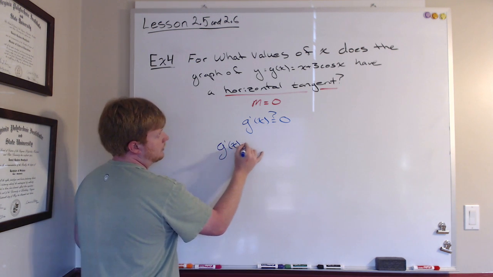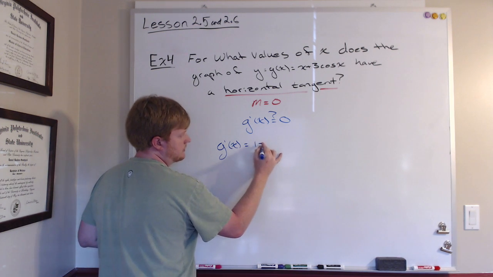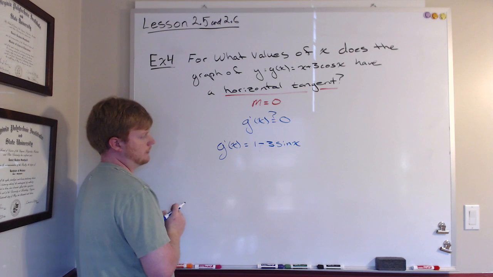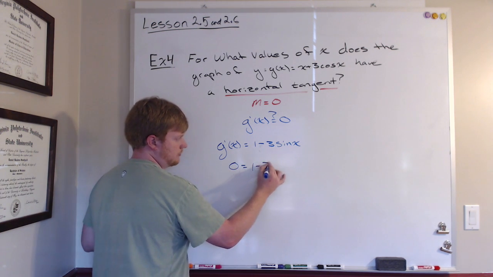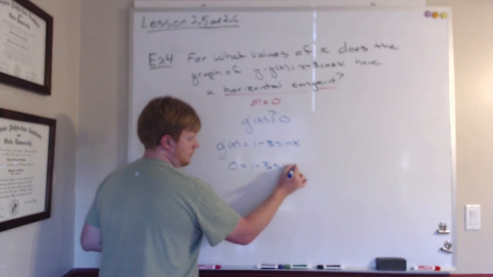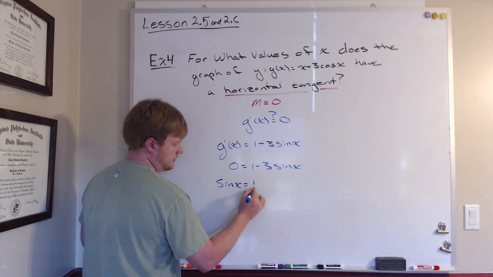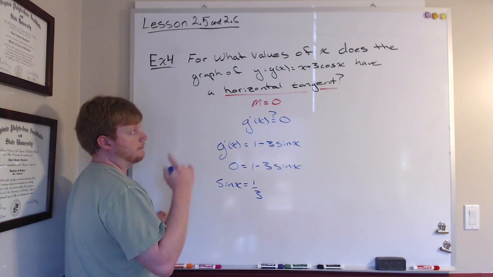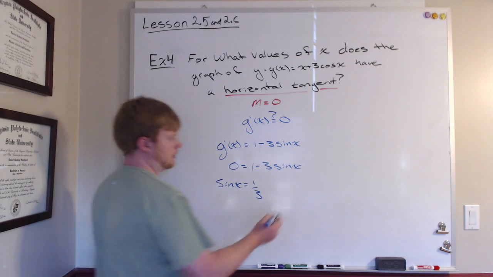So g prime is 1 minus 3 sine of x. Okay? And then letting g prime of x equal 0, we can solve to get that sine of x is equal to 1/3. Okay, so for what values of x does the graph have a horizontal tangent?